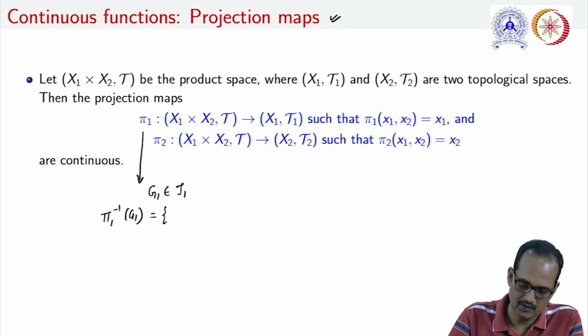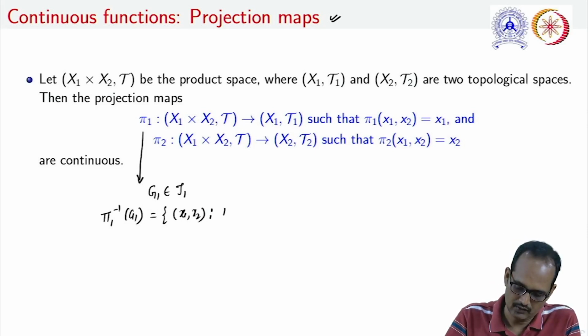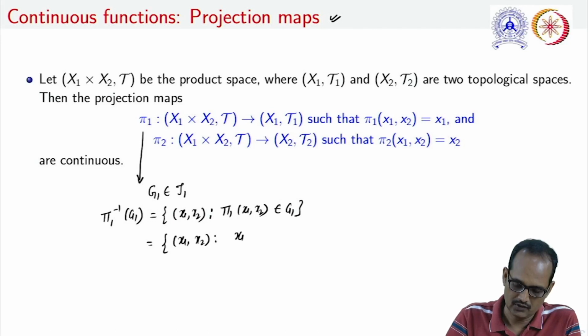So this will be the collection of all ordered pairs x1 x2 such that pi 1 of (x1, x2) belongs to g1, or this is the collection of all such ordered pairs x1 x2 such that x1 belongs to g1, or this can be written as g1 cross x2.